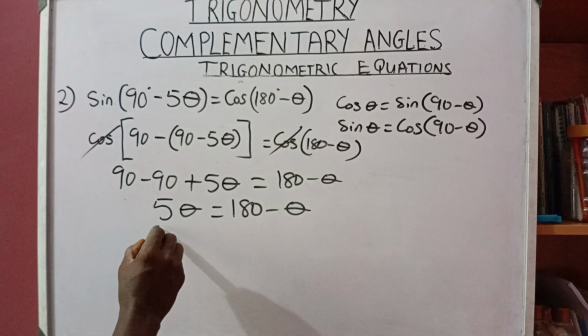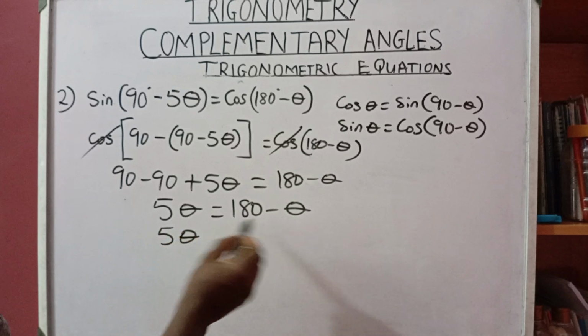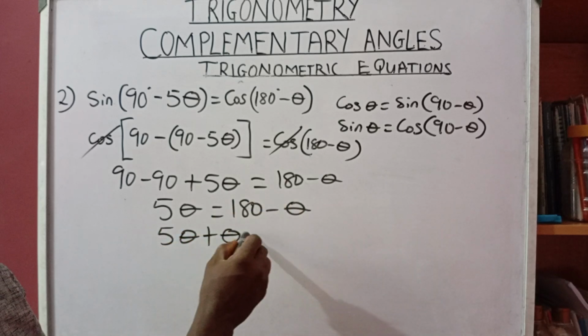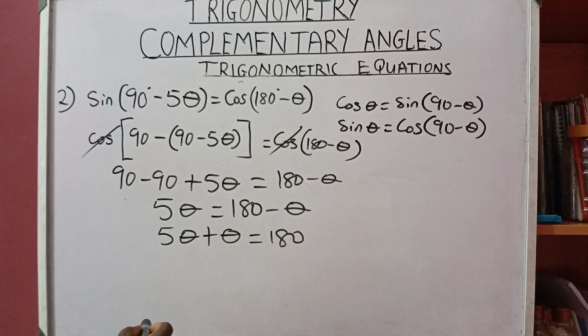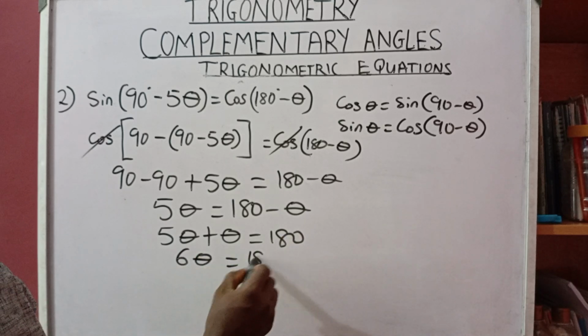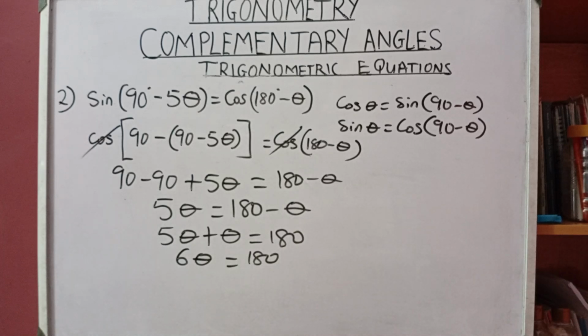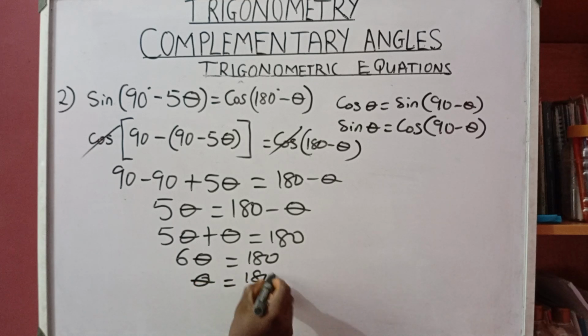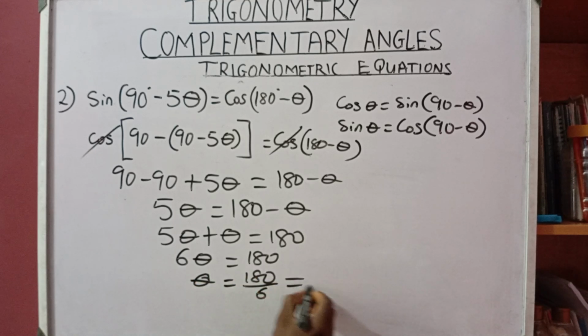So collecting like terms, we have 5 theta plus theta equal to 180. So this will give us 6 theta is equal to 180. So dividing both sides by the coefficient of theta, we have theta is now equal to 180 divided by 6. The value of theta will be 30 degrees. So that is the solution to number 2.